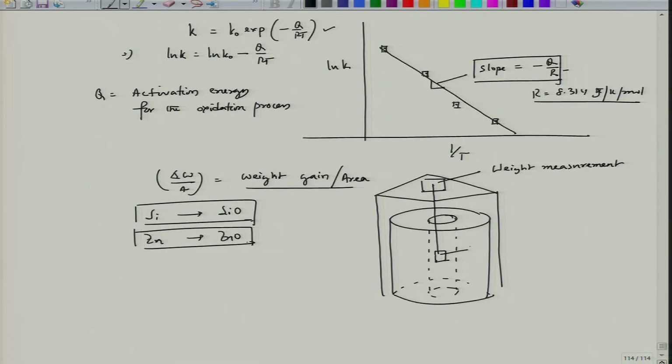This is the metal whose oxidation behavior you want to study.